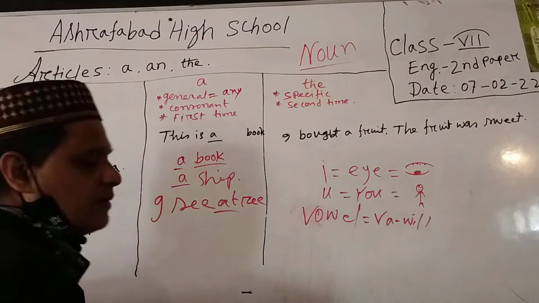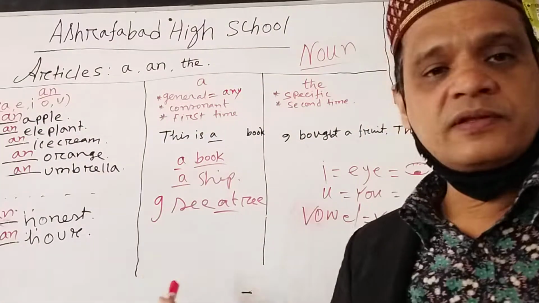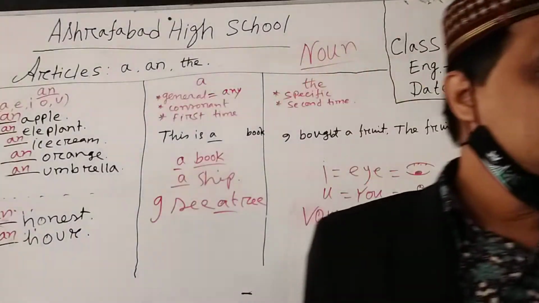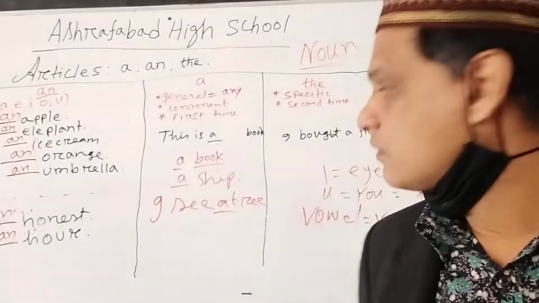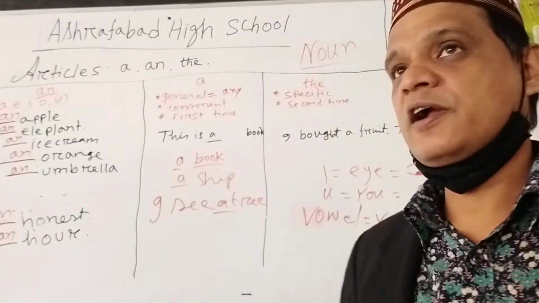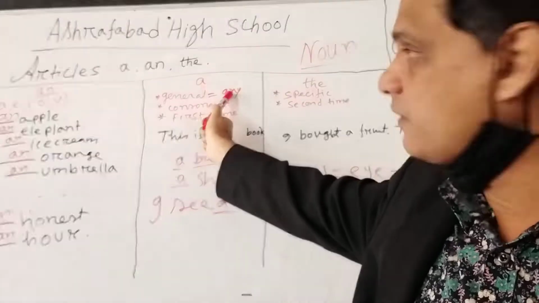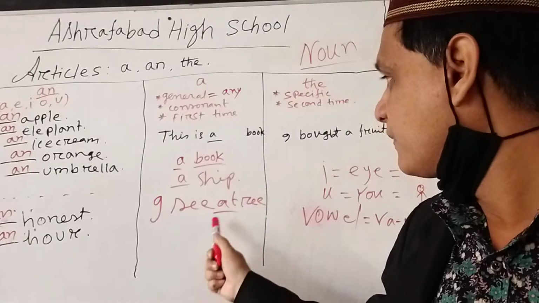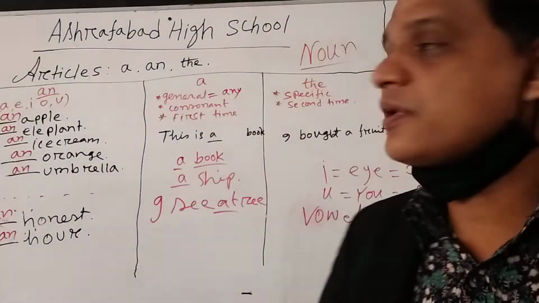Here we think about it for the first time, because I did not tell about the tree before. So these are the three points to remember before using the article A: general, that means any, not definite; before a consonant; and for the first time, not told before.